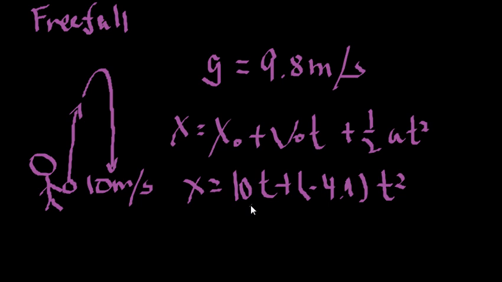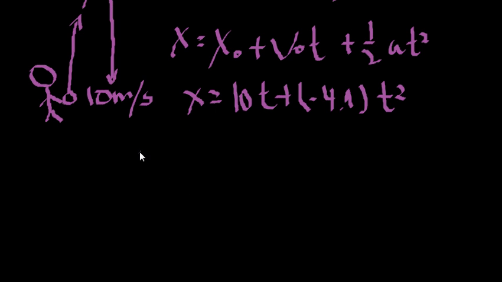This equation we already know: v final equals v initial plus at. V initial is 10. What's v final? A lot of people don't understand what v final is. When it hits its maximum height, what's the velocity at its maximum height? It's 0, right? Because the ball is not moving at maximum height.